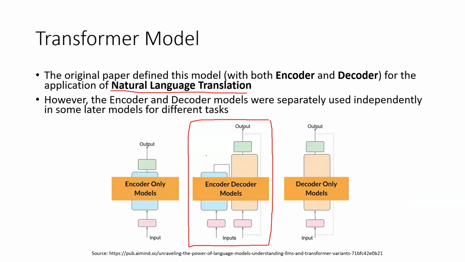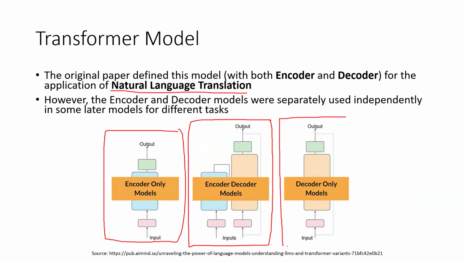But the researchers have found that you can use not only both encoder and decoder together. Actually, you can use encoder-only models and decoder-only models as well, right? For different tasks.